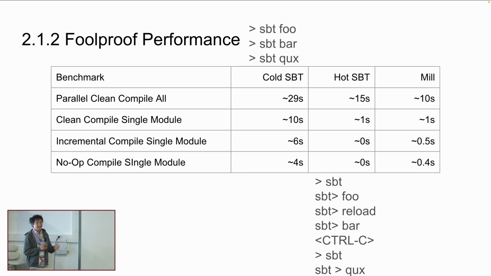Hot SBT numbers are what you should do using SBT to make it faster, which is to create an SBT shell by running sbt in bash, and running your commands in the shell. Whenever you update your SBT build definition, you need to make sure you run reload so you don't end up using out-of-date build definitions. If something takes too long, you Control-C, and you need to remember to reopen your SBT shell before running your next command.